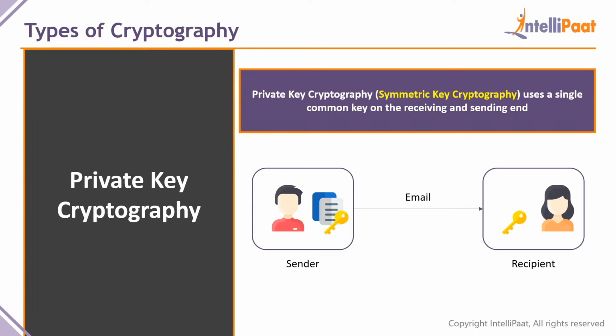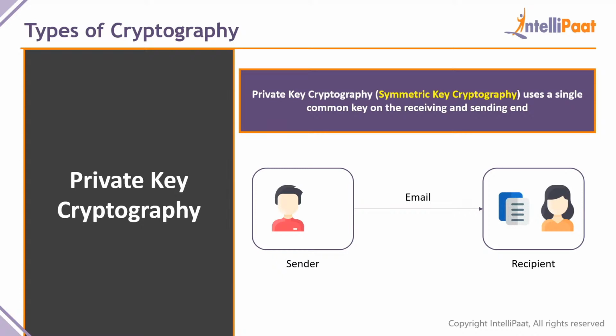You have the data with yourself. You encrypt that data using that key, and you convert it into the cipher, and then you send that over to the recipient. Now the recipient has the cipher. The recipient will use the same exact key. Now this key is a private key. It has not been shared with anybody. The recipient uses it to decrypt that data, and that data is converted back into plain text.